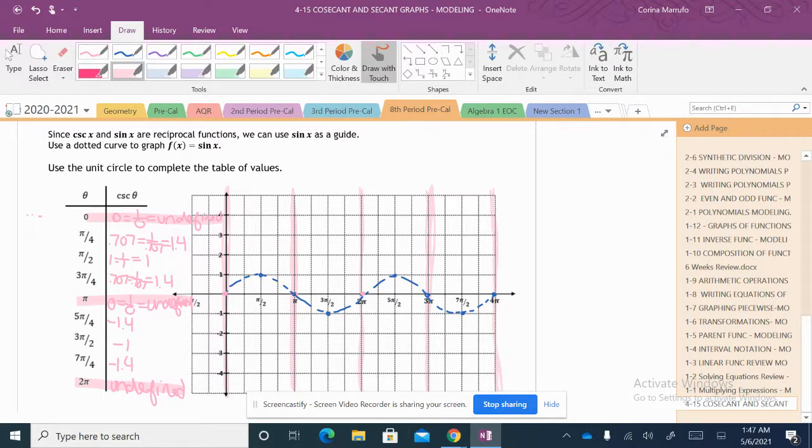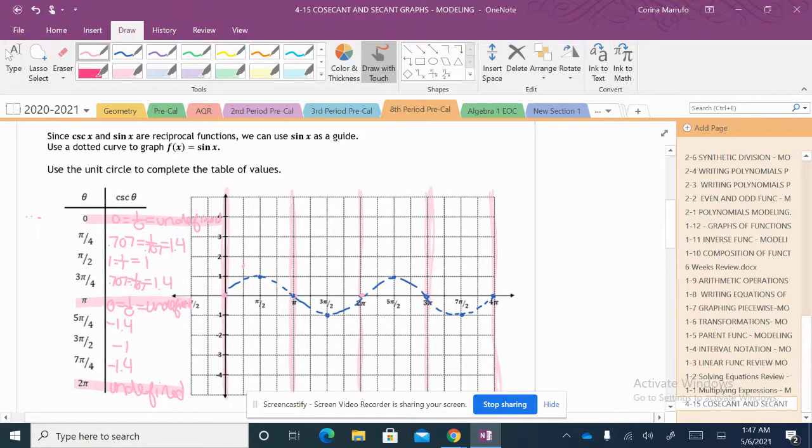And then if I'm making the graph, we have 1.4 about right here, and then pi over 2 and 1, and then 3 pi over 4 and 1.4. Then this one's negative 1.4, this is negative 1, and then 1.4, negative 1.4. So this is what your cosecant graph looks like.